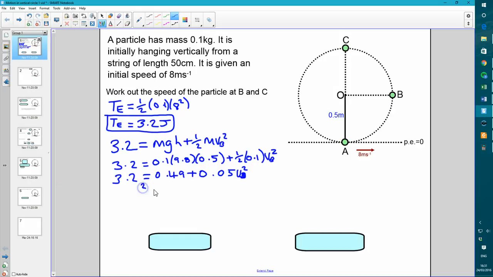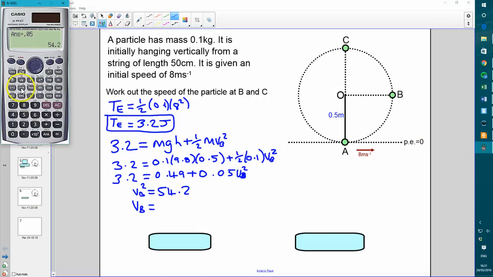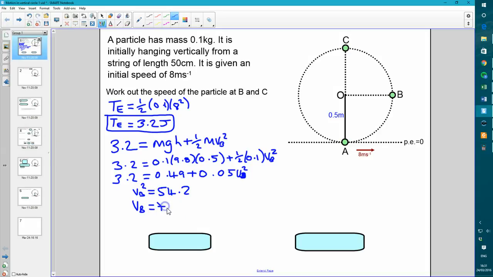So v squared is equal to 54.2, and then I can work out that v is going to be equal to the square root of that, which is 7.36 meters per second.